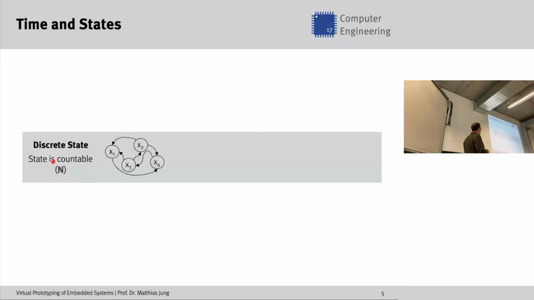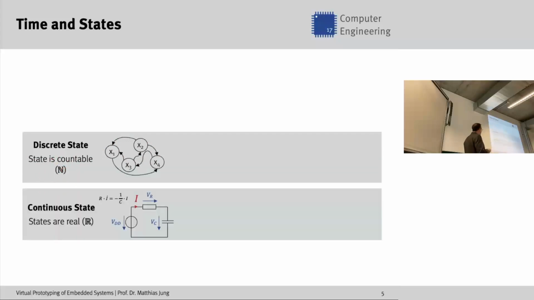But we also have systems that have a continuous state. So I can model an electrical circuit and describe it with differential equations. And then the states are not countable anymore, they are real numbers. In this case, there's a capacitor that can be charged or discharged to an arbitrary voltage, basically.